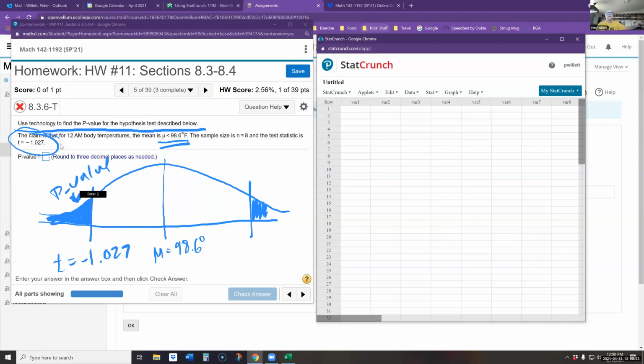So if I were to simply ask you, given that t-score, what's the area to the left of that t-score for a left-tailed test, what technology tool would we use to calculate the area to the left of that t-score? Anybody know?